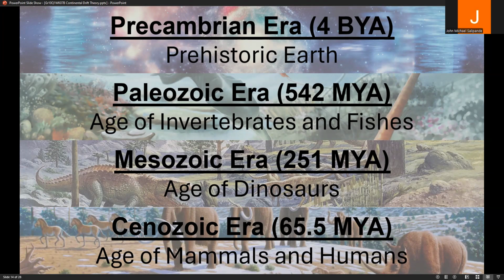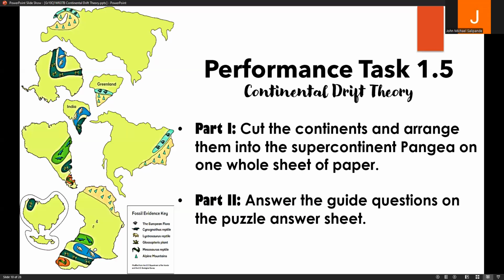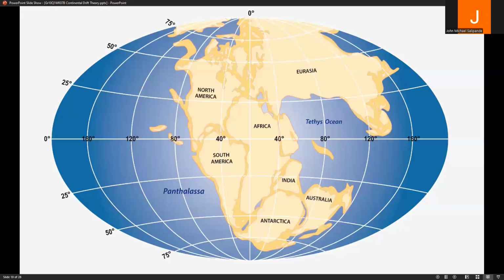So based on the map that you used during performance task number 5, if you look at the fossil evidence key, most of the reptiles are dinosaurs. So we have Sinognathus, we have Listrosaurus, and we have Mesosaurus.